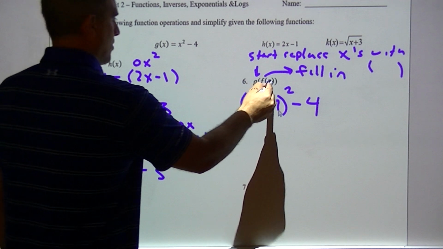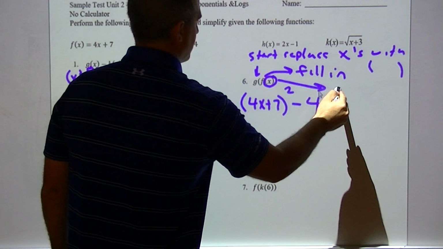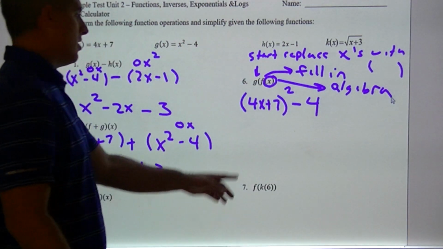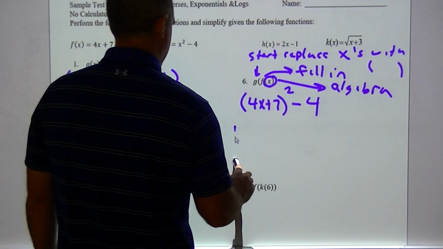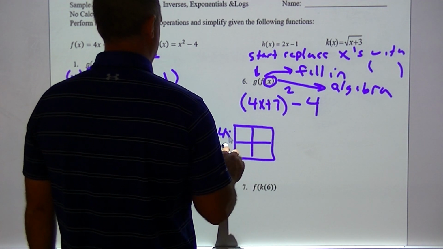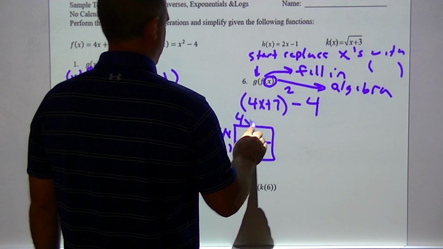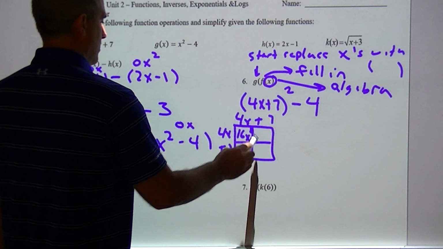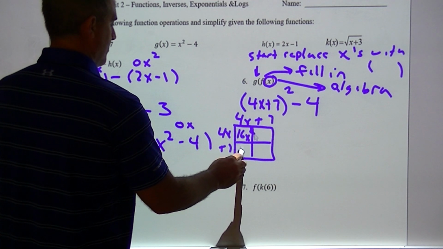All right, now, when you have an x here, that means you have to do algebra. All right, so the squared means 4x plus 7 times 4x plus 7. 4x times 4x would be 16x squared. 4x times 7 would be 28x.